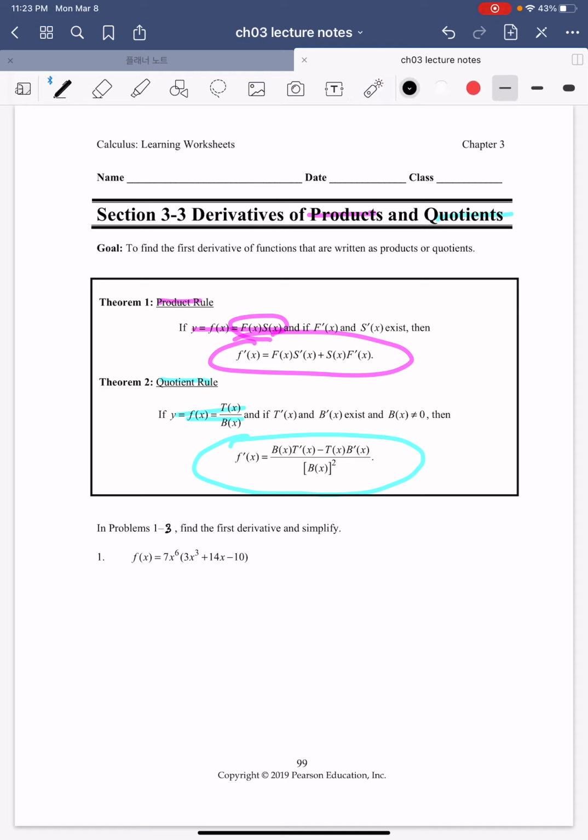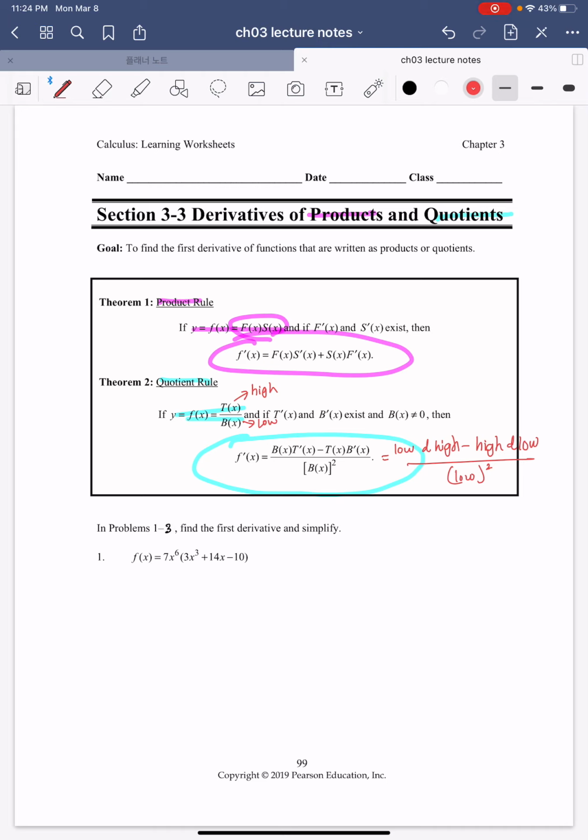So the way I remember, because this is a little bit tricky, is I say this one is the high term, high on the top, and this one is the low term. So: low d high, minus high d low, all over low squared. A little phrase to help me remember the order.